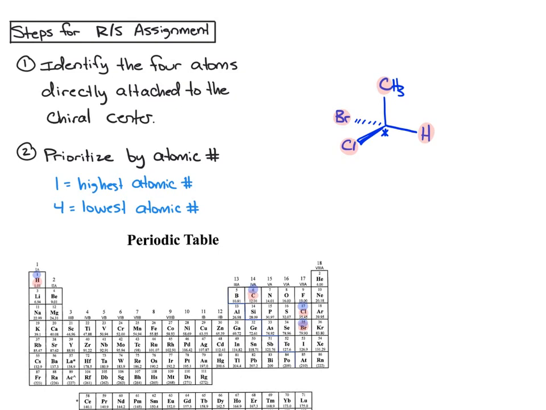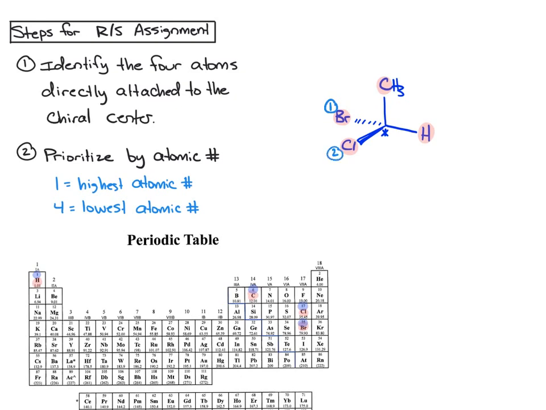So based on that, of these atoms, the one with the highest atomic number is bromine. So we want to give bromine our top priority, priority 1. So I'm going to put a 1 by the bromine. Next is chlorine with an atomic number of 17.